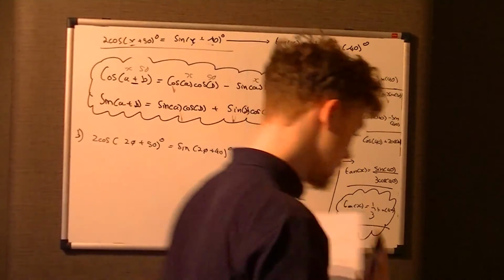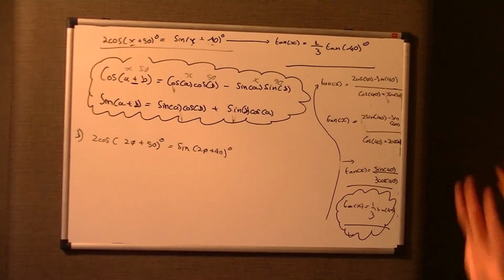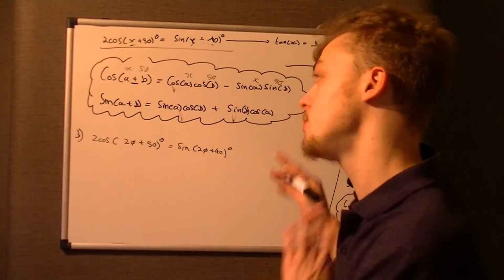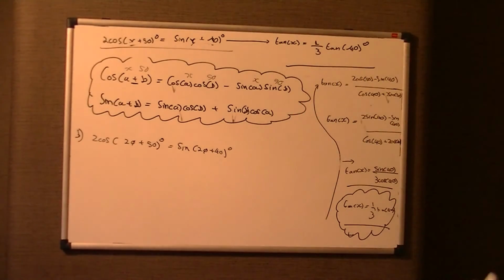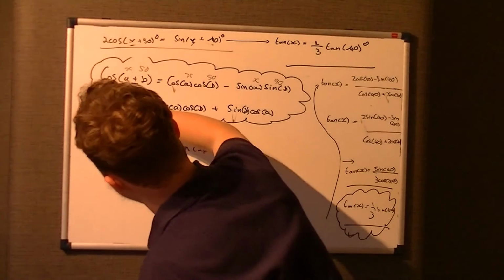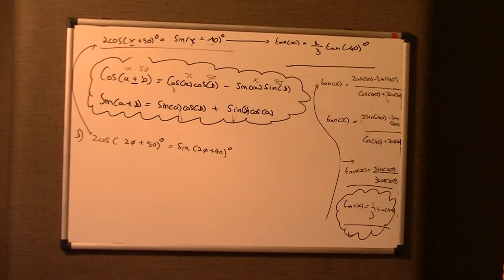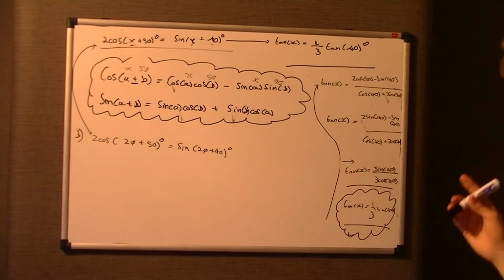Now, something should jump out at you straight away. First of all, they wouldn't give you something that random out of the blue. So it's got to be related to something we've just done. And quite clearly, this is very, very similar to 2 cos x plus 50 is equal to sine x plus 40. Now, the only difference between them is they've replaced x with 2 theta.